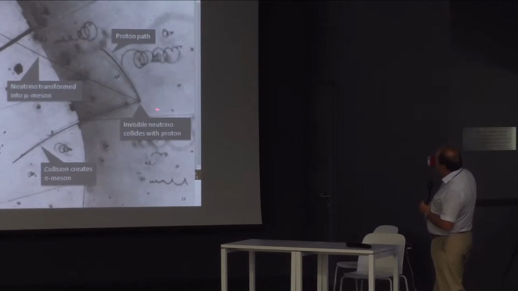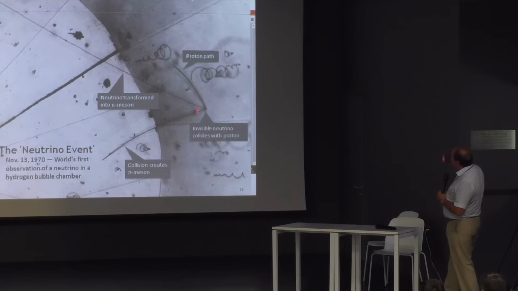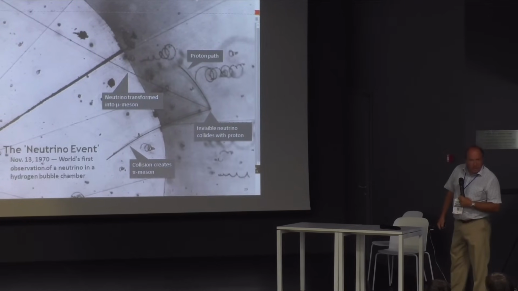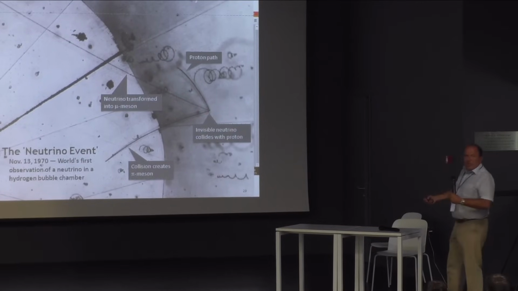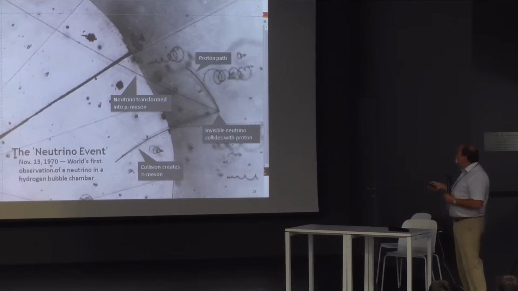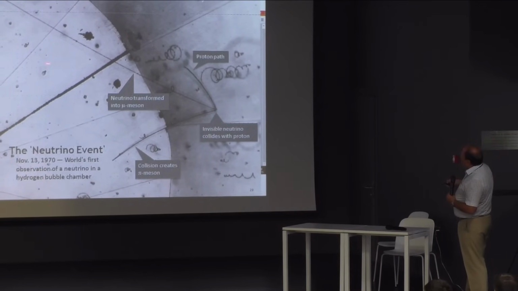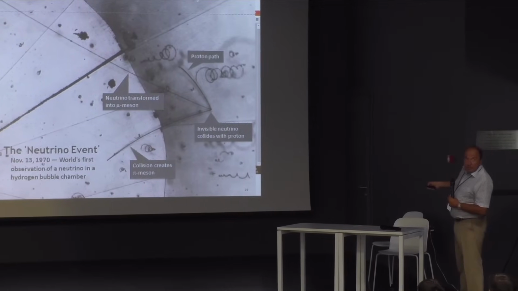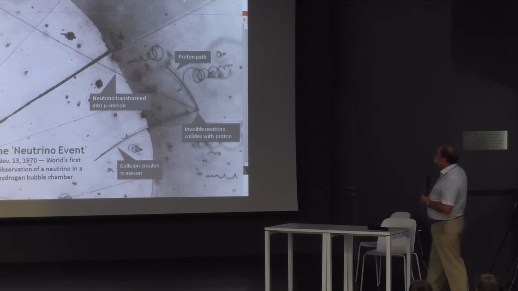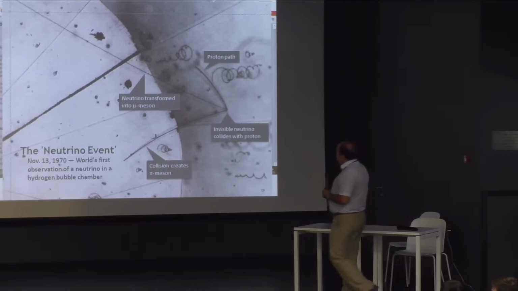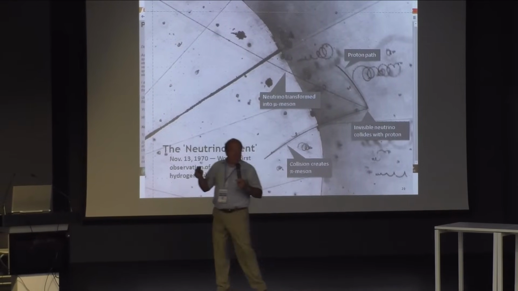There is a neutrino coming here, colliding with a proton in the chamber, and the heavy proton is moving a bit, making a small track. There is this muon created, and a pi meson also here. So this is the first, let's say, observation, if we can say.